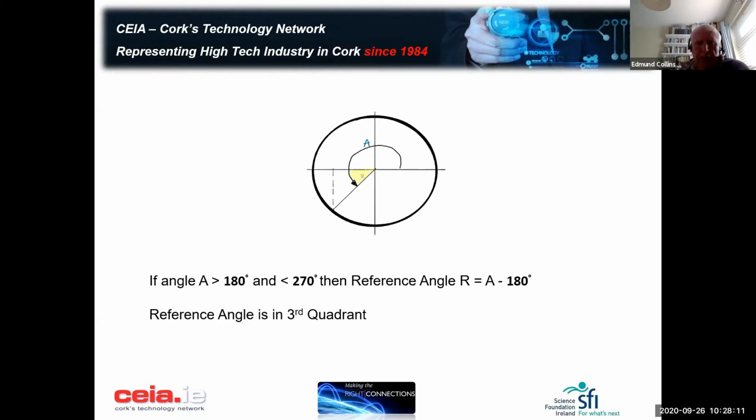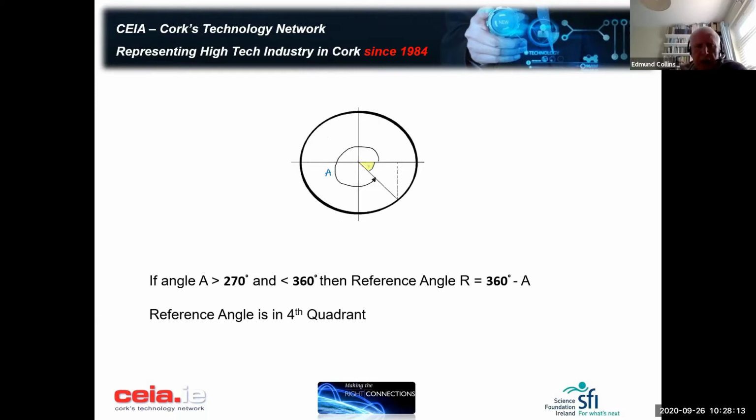Finally, if we have an angle which is greater than 270 degrees and less than 360 degrees, then the reference angle in this case is 360 degrees minus the angle A that we traced out. In this case, we're again taking a line from the circumference up to the x-axis, trapping the reference angle there, and the reference angle is in the fourth quadrant.